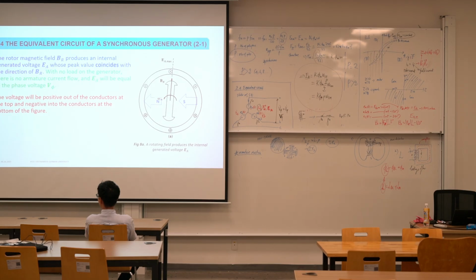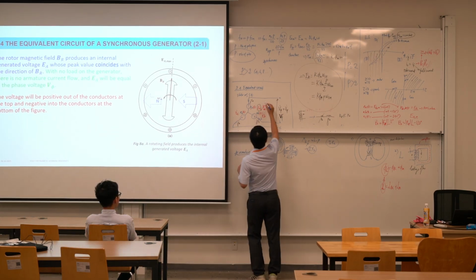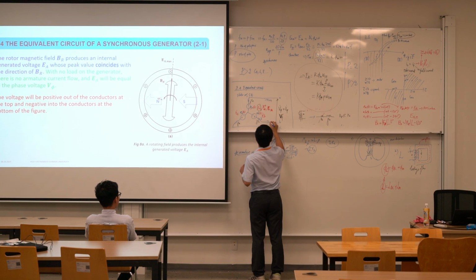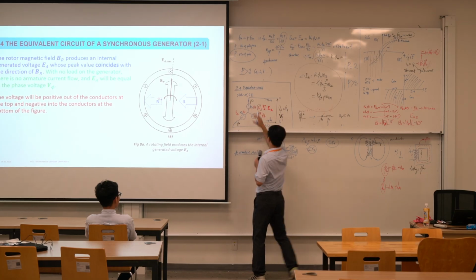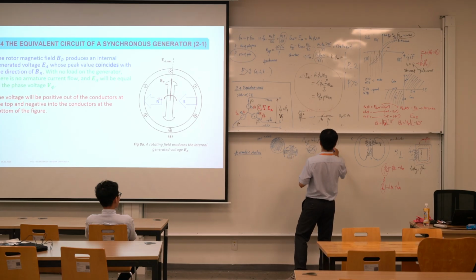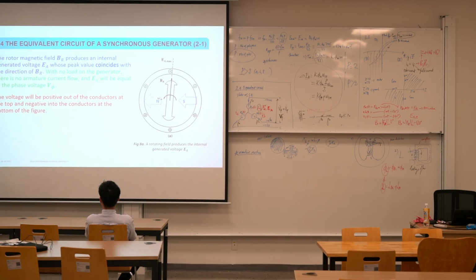If we don't have the currents IAS, IBS, ICS, that means we don't have voltage drop. So we have the conclusion: magnitude of EA equals magnitude of V phase.